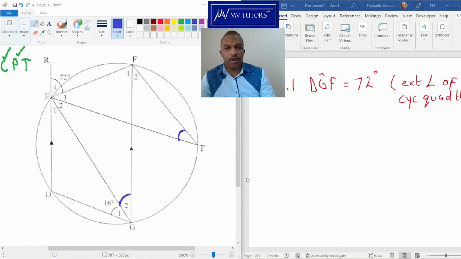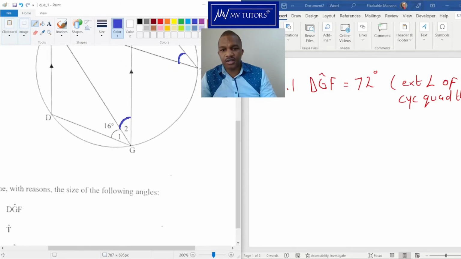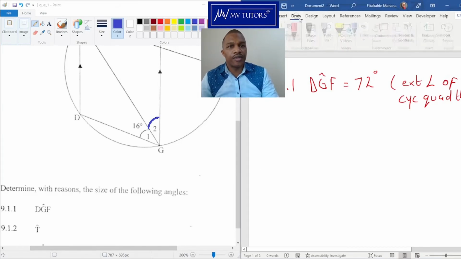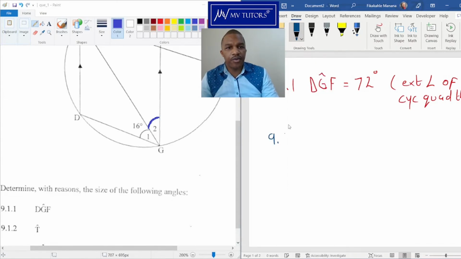Okay, so first of all, what we can say here, let me just check. So it's 9.1.2. Let's change the color there. Let's go with blue. Good. So we're going 9.1.2.